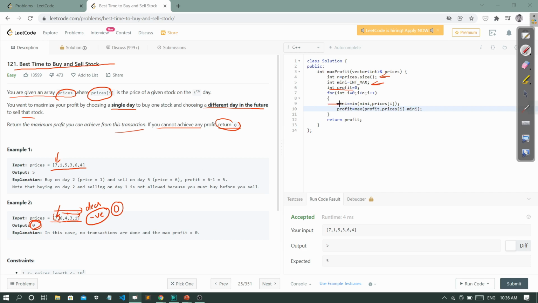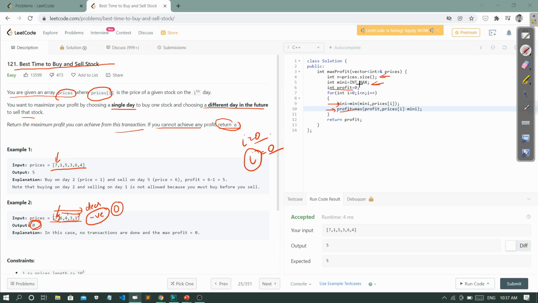Okay, so iterate from i is equal to 0. Update minimum is equal to minimum of price of i, and if I sell the stock on that day, it means that if I buy the stock at i is equal to 0 and sell it at i is equal to 0, we are not able to generate any profit. So the profit doesn't change.